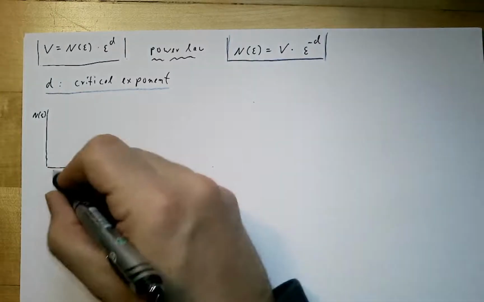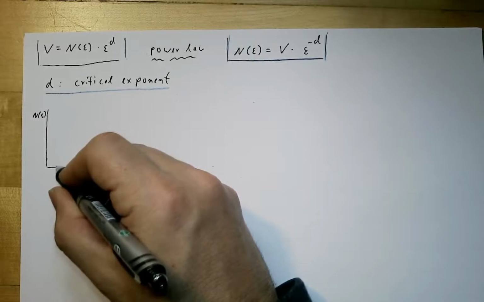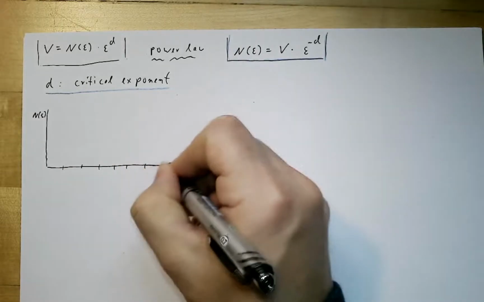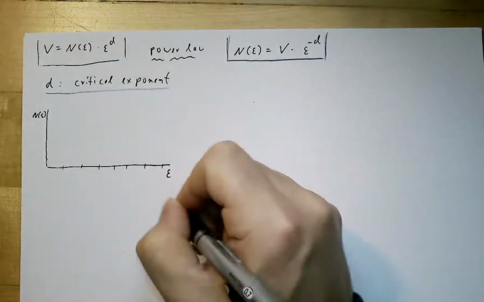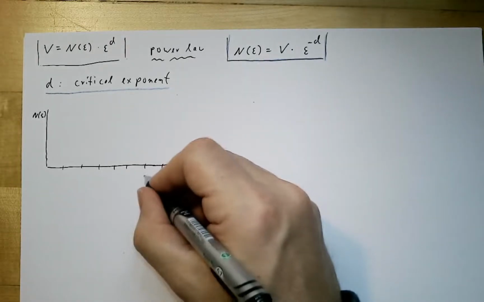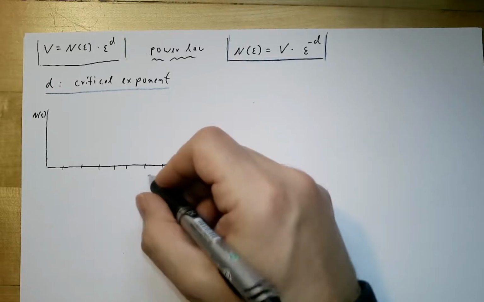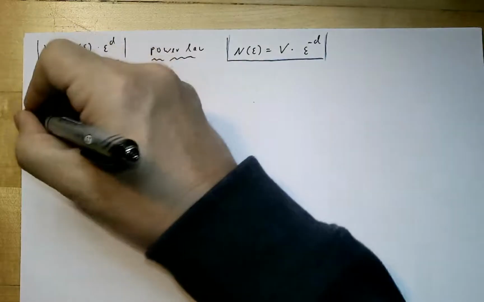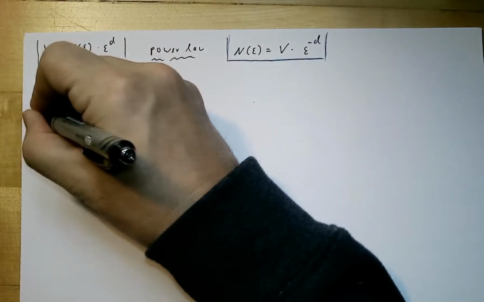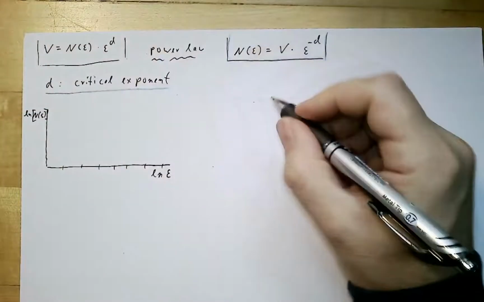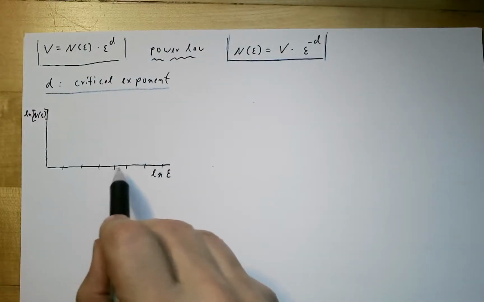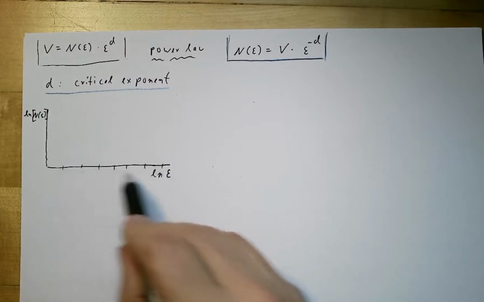So now we can measure our volume at different scales. But also from our discussion, we always want to look at this in a double logarithmic plot. So actually here we want to have the logarithm of epsilon, and here we want to have the logarithm of N of epsilon. So we make the measurements at scales which are equally spaced on a logarithmic axis.